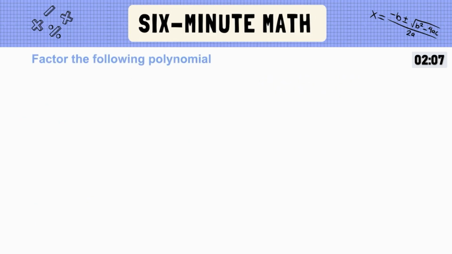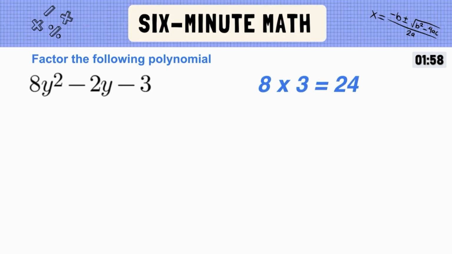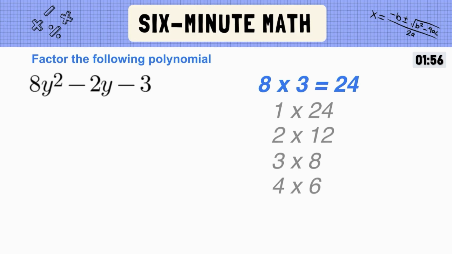Let's check out another example here. We have 8y squared minus 2y minus 3. We multiply our a and c values together to get 24, and we have our factor you. Now, because I am subtracting my b value, that tells me I'm looking for which two to subtract to get this b value.